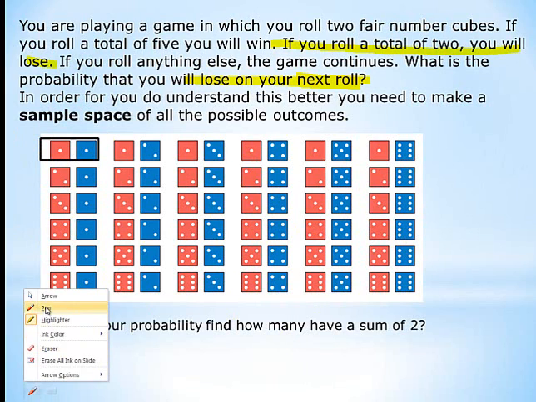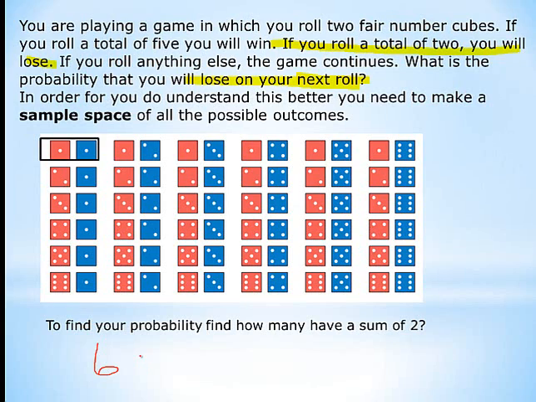Well, remember, you have 6 combinations on your first die, and you have 6 combinations on your second die. So when you have multiple probabilities, you multiply. So you have 36 total combinations. Of those 36, 1 will get you to lose. So what's my probability that I will lose? 1 out of 36.